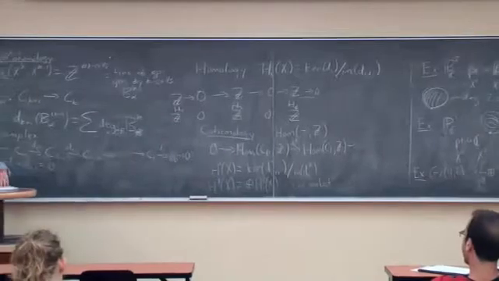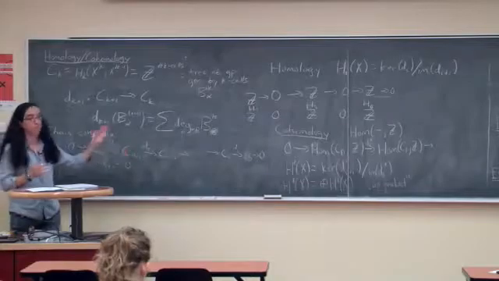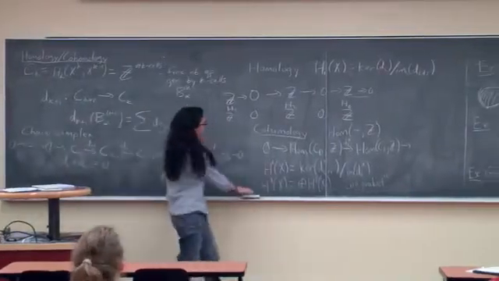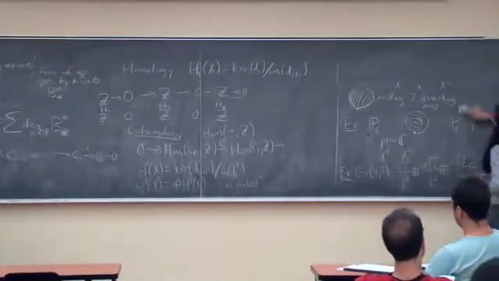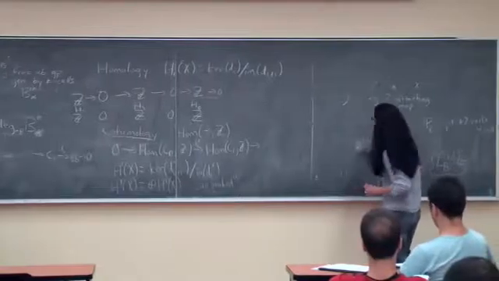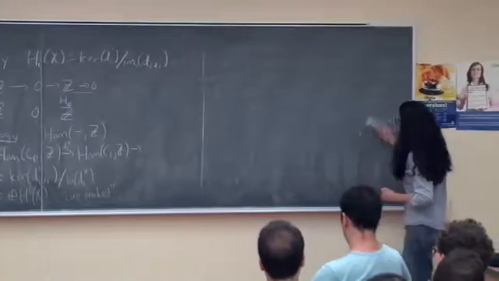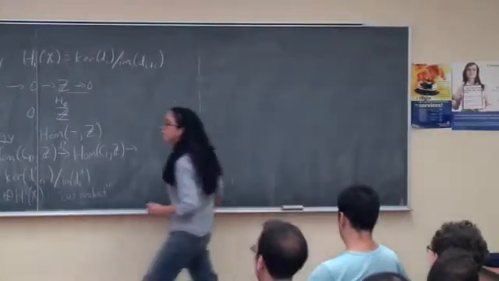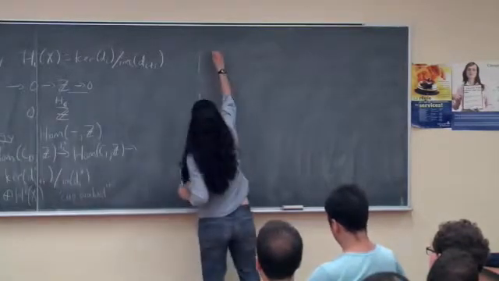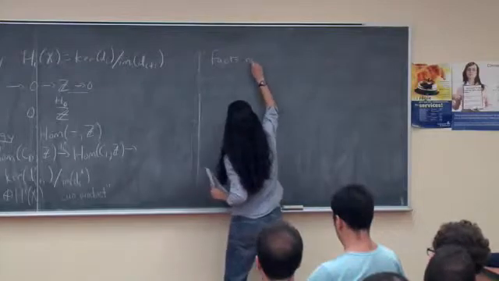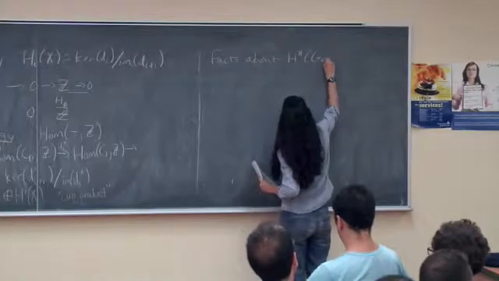So now I'm going to skip everything else and go to properties of this cohomology ring for the Grassmannian. So now you're just going to have to believe me what these properties are. So here's the basic fact we're going to need about the cohomology ring of the Grassmannian.